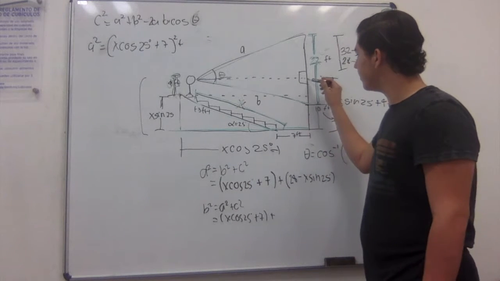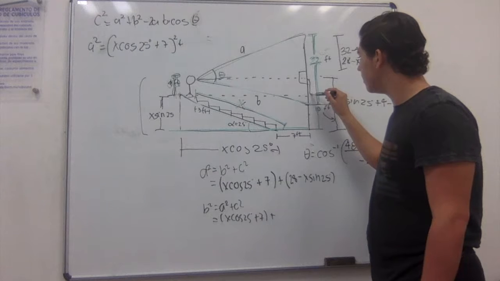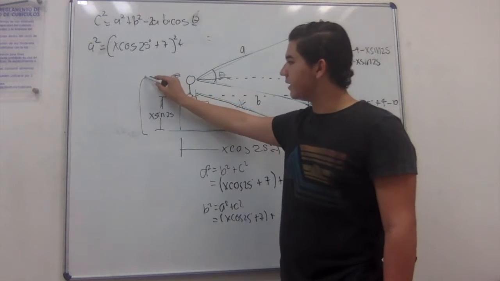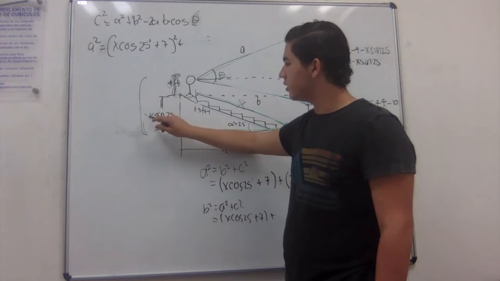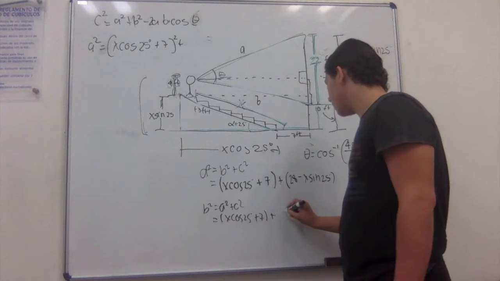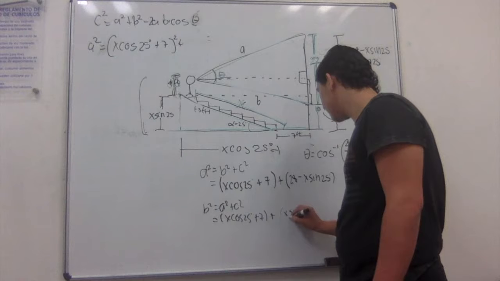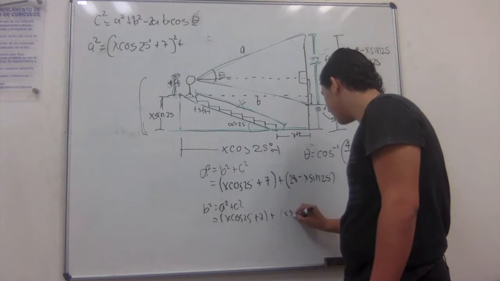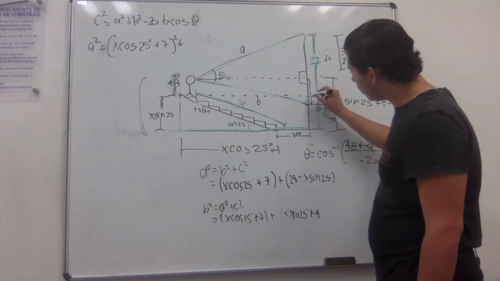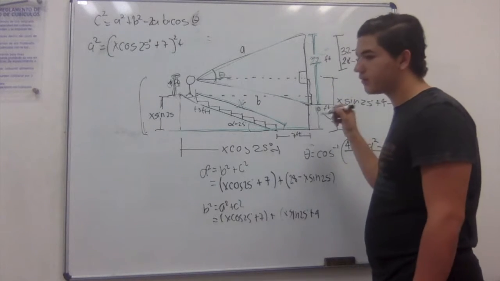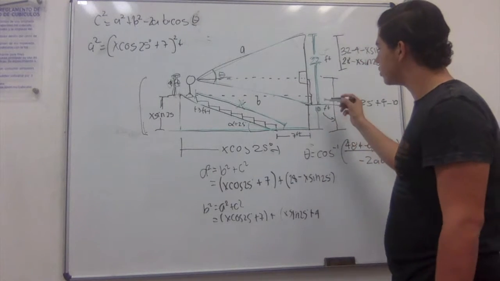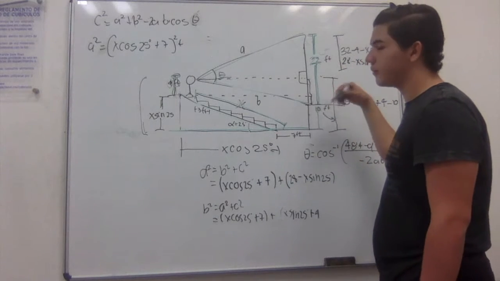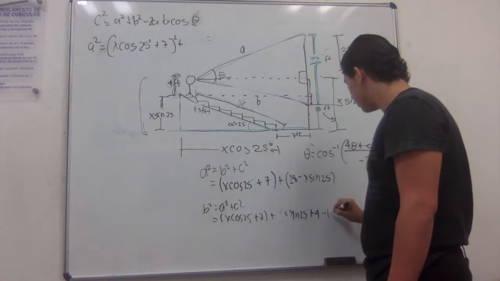To know the measurement of this part of the triangle, we're going to use the height that we were given here. So it is x sine of 25 degrees plus 4. But we have one little space here that is missing from the lines, so we're going to subtract the 10 that we're given from the screen to the floor.